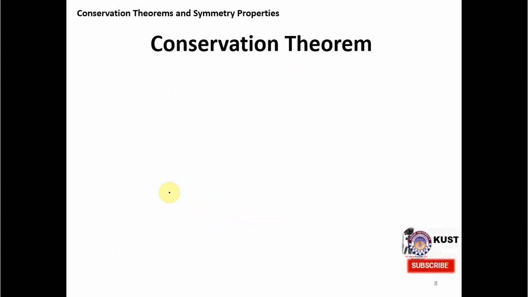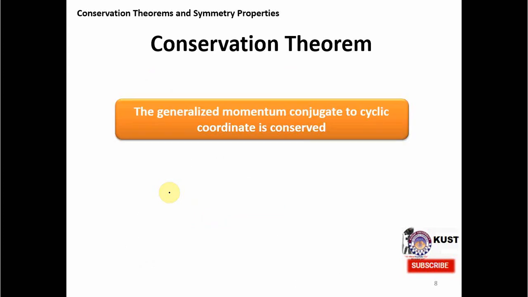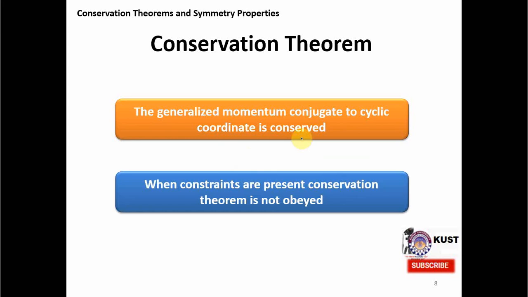Okay, so now we go to the conservation theorem and see that the generalized momentum conjugate to the cyclic coordinate is conserved. So you will be asking a question: when does this really happen, that some coordinate is not present in the Lagrangian, so that it is cyclic?